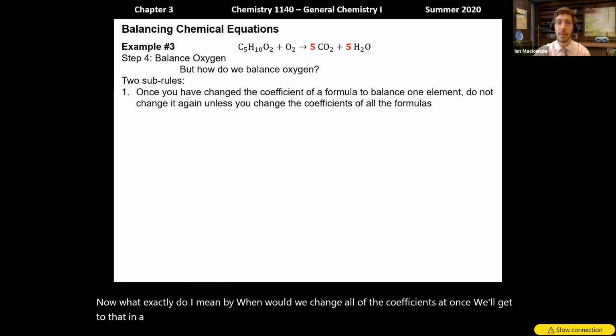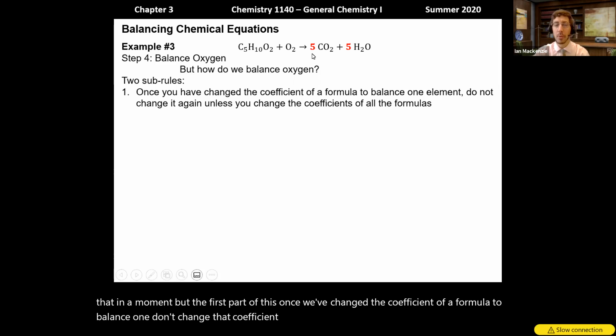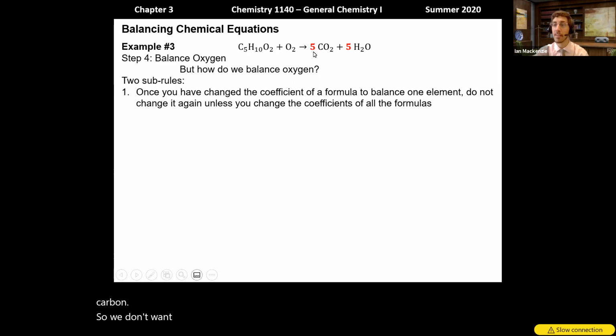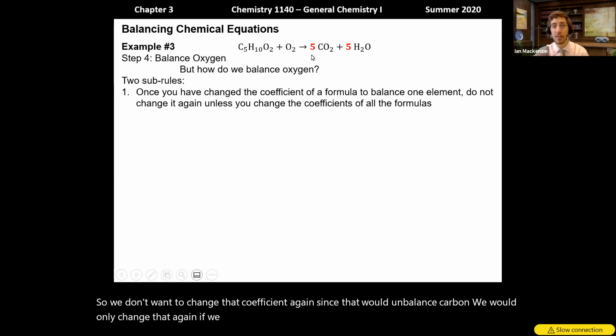But the first part of this, once we've changed the coefficient of a formula to balance one, don't change that coefficient again. What I mean by that is if we look at this equation, we can see that for CO2, we already changed that coefficient in order to balance carbon. So we don't want to change that coefficient again, since that would unbalance carbon. We would only change that again if we changed all of the coefficients at once, which I'll explain later.